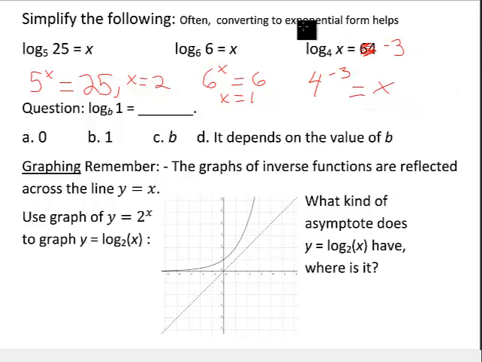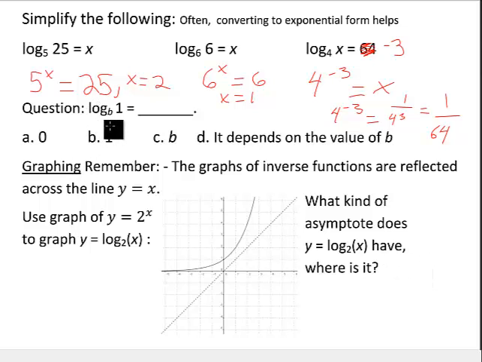This one actually looked a little more complicated to start, at least in my opinion, but it's actually pretty easy. You take 4 to the negative 3, and that's 1 over 4 to the third, which is 1 over 64.